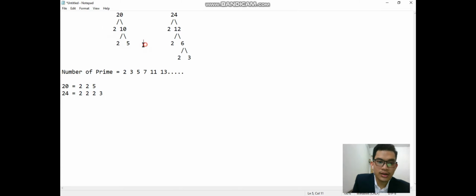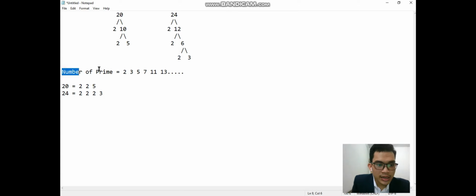The next is 24. 24 divided by 2 is 12. We look at the prime numbers again. We have 11 and 13, but we don't have 12, so we continue. 12 divided by 2 is 6.